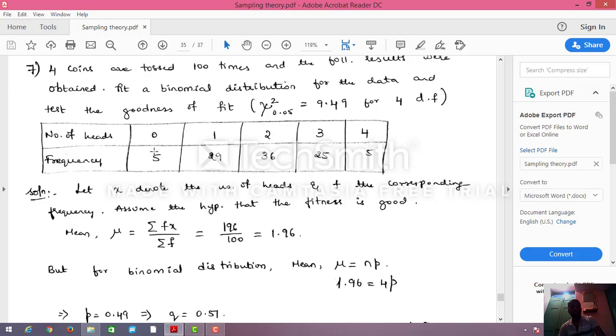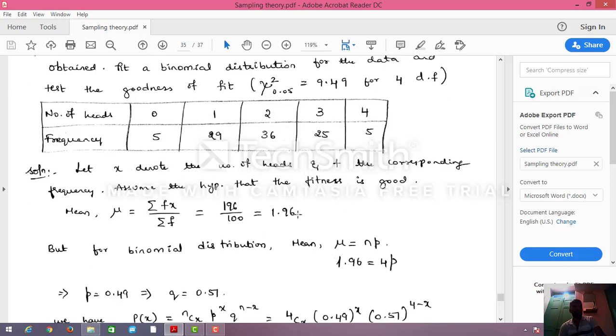Summation of fx, how do you find? See, 0 into 5 plus 1 into 29 plus 2 into 36 plus 3 into 25 plus 4 into 5. If we add all that, we'll get 196 divided by 100, that equals 1.96. The binomial distribution mean mu equal to np.